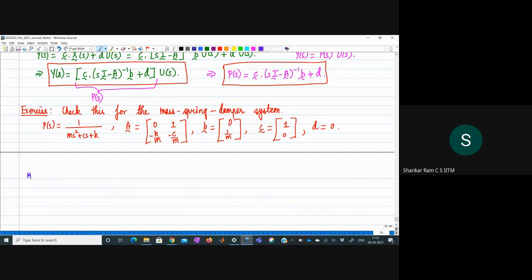So now, as the next step, let us look at the state space representation of a MIMO system, an LTI MIMO system. One advantage of the state space representation is that it can be easily used to represent the dynamics of multi-input, multi-output systems also in a nice form.